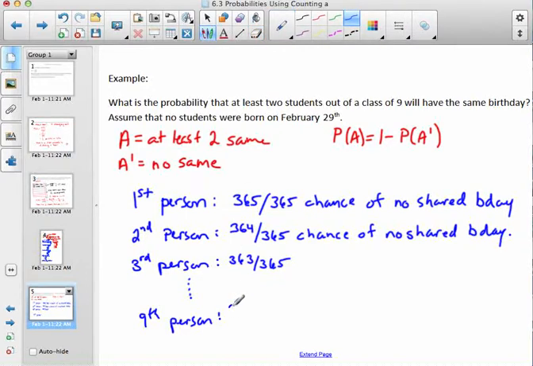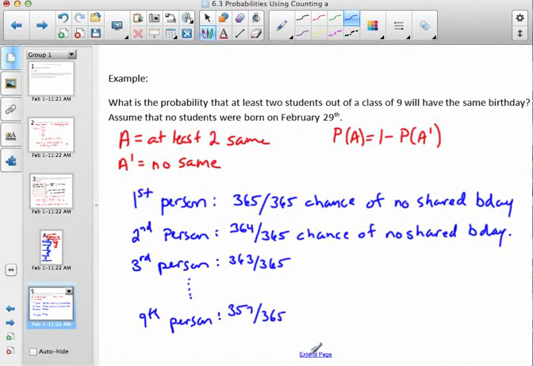Let's make sure here. 357, because we know that sometimes we count strangely. So 365, 364, 363, 4th person 362, 5th person 361, 6th person 360, 7th person 359, 8th person 358, 9th person 357 out of 365 chances of no shared birthday.